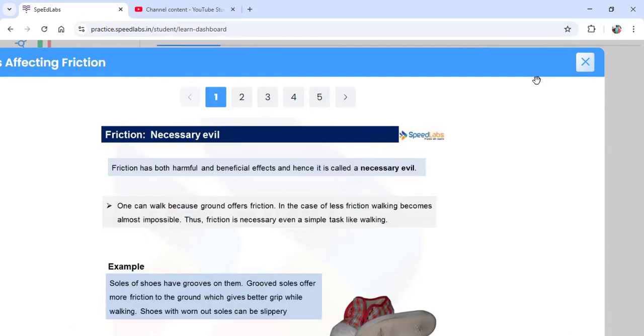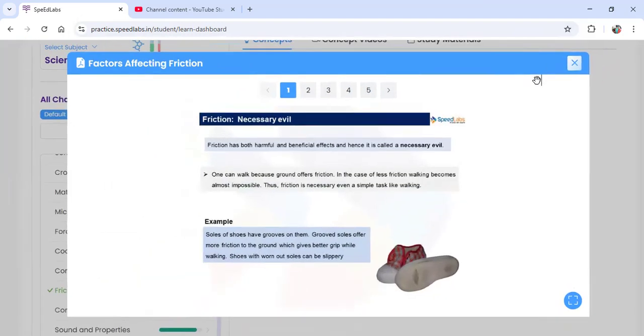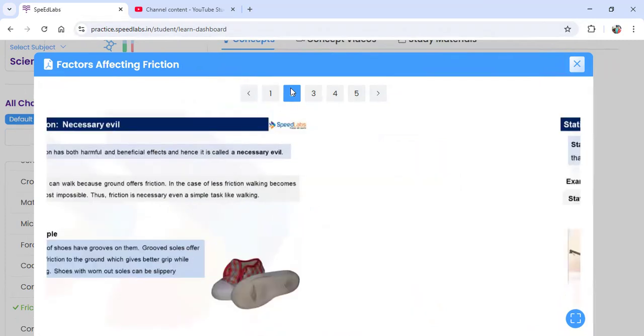Thus, friction is necessary even for simple tasks like walking. For example, the soles of shoes have grooves on them. Grooved soles offer more friction to the ground, which gives a better grip while walking. Shoes with worn out soles can be slippery, children. Yes or no? So that's why it is called necessary.